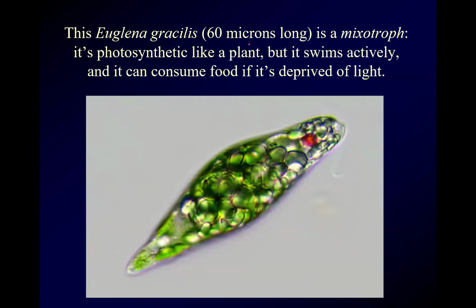So we could clearly say that Euglena is the Miley Cyrus of the protist kingdom because it gets the best of both worlds. If we were in lecture class, I'd actually start singing that, but it's early in the morning and my voice is not quite up to it. But you could make a song out of that, mixotroph, or I've got a better one.